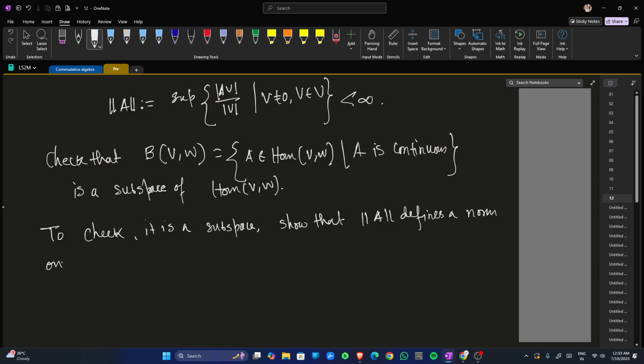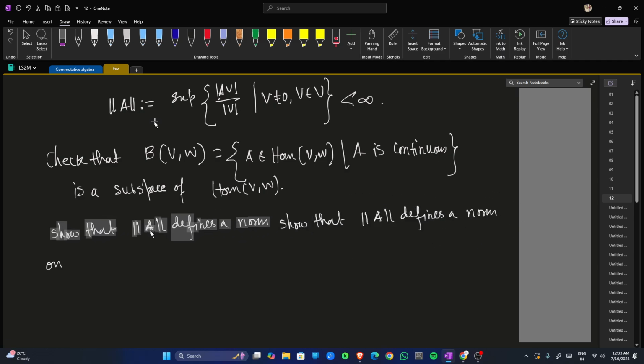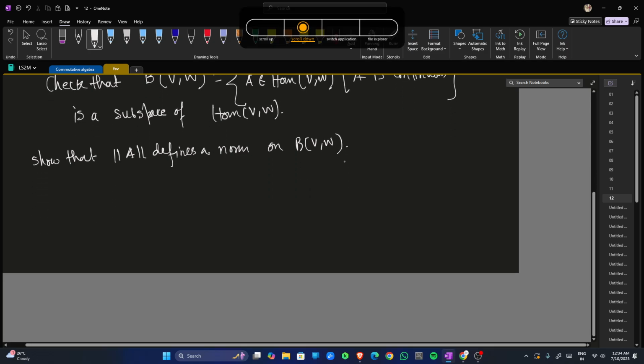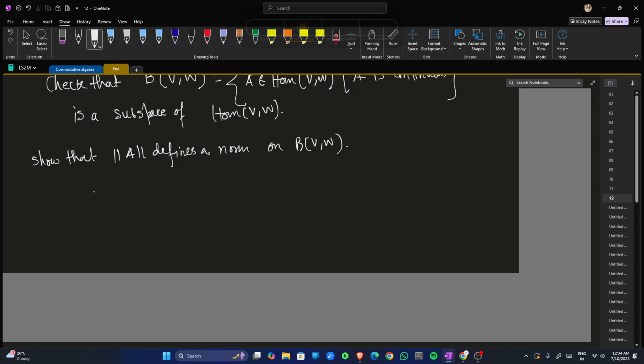To prove it is a subspace we don't need to show anything. Check that it is a subspace, show that the norm defines a norm on B(V,W). This is an exercise.